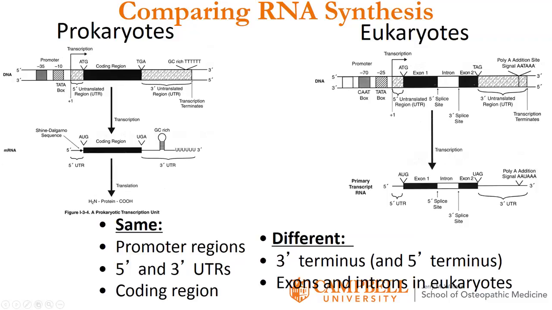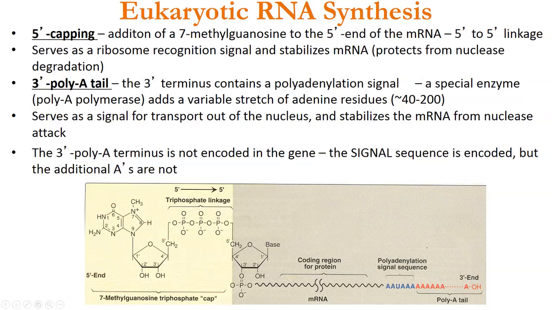You also have introns and exons in there, so we're going to have to do some splicing, as I'm going to explain. You have some unique 3' and 5' termini on the transcript. The 5' cap's not shown on here. We're going to see that in 1 second. We have a poly-A addition. So for eukaryotes, we have these multiple processing events.